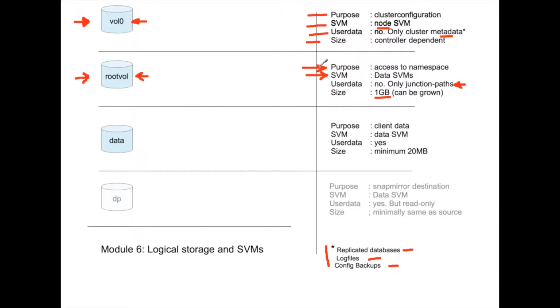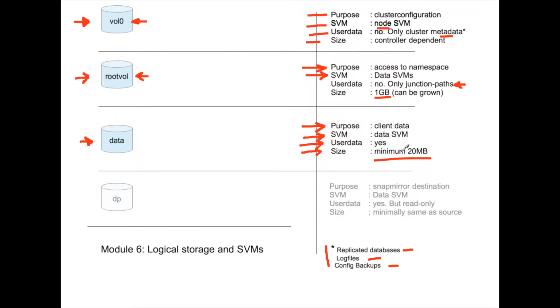Then, of course, what it's all about is data volumes. So your clients want to store data in your ONTAP environment. They need data volumes. And the purpose, obviously, would be client data, and it would be part of a data SVM, and it would contain user data, and the size is a minimum of 20 megabytes. So you can grow your volume for as large as the aggregate, but the minimum size is 20 megabytes.